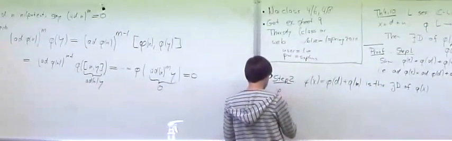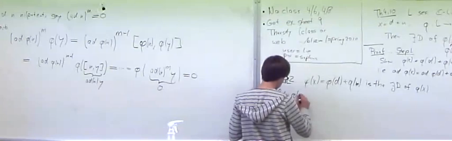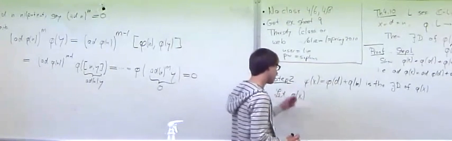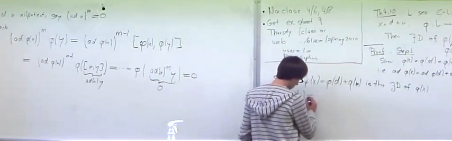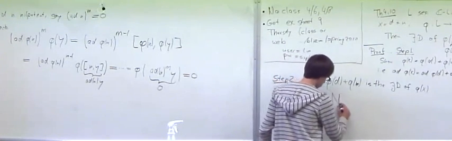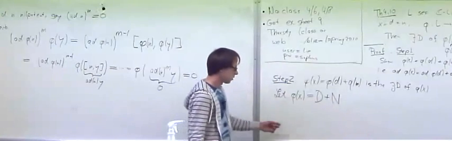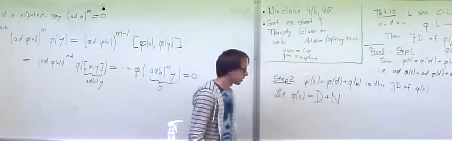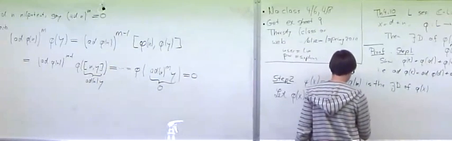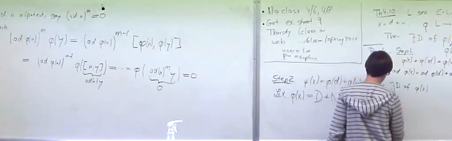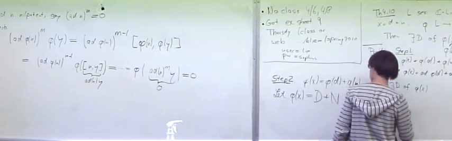introduce some variables. So φ(x) is some operator on V, so it certainly has a Jordan decomposition, and I denote the diagonalizable operator now by capital D and the nilpotent operator by capital N. So this is the Jordan decomposition of φ(x).